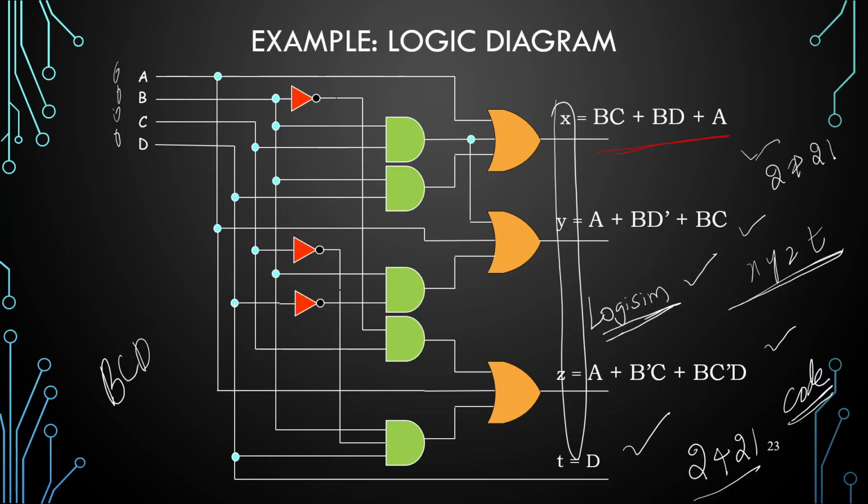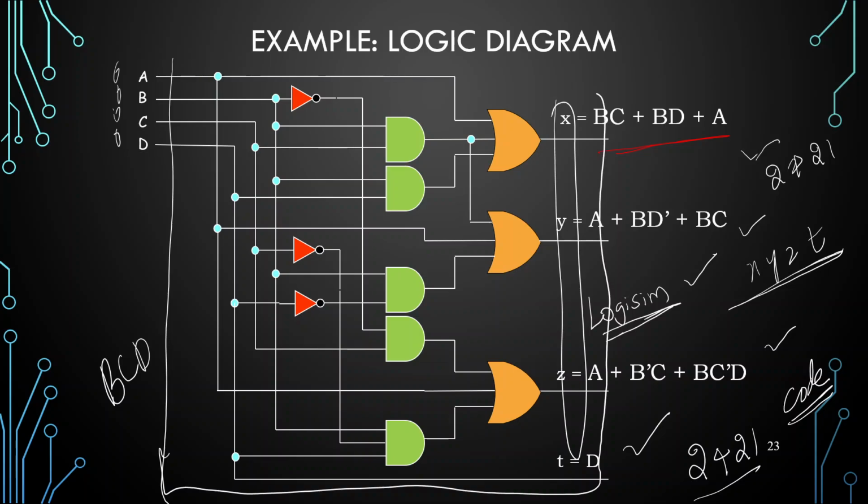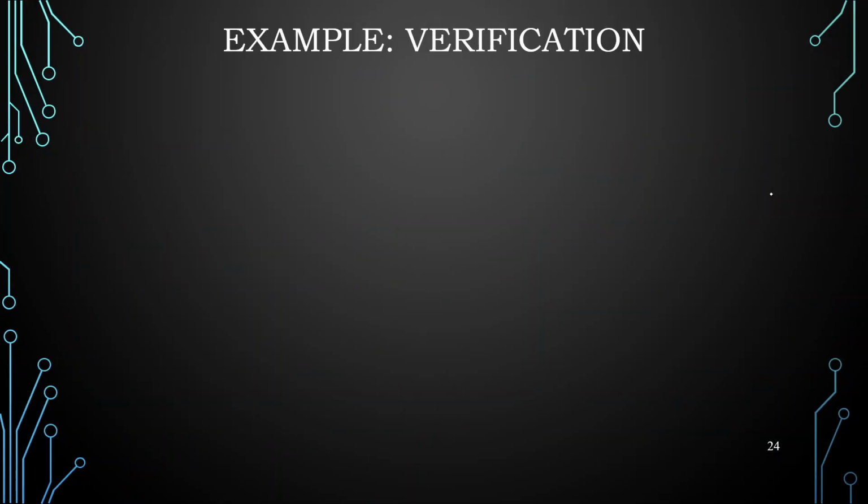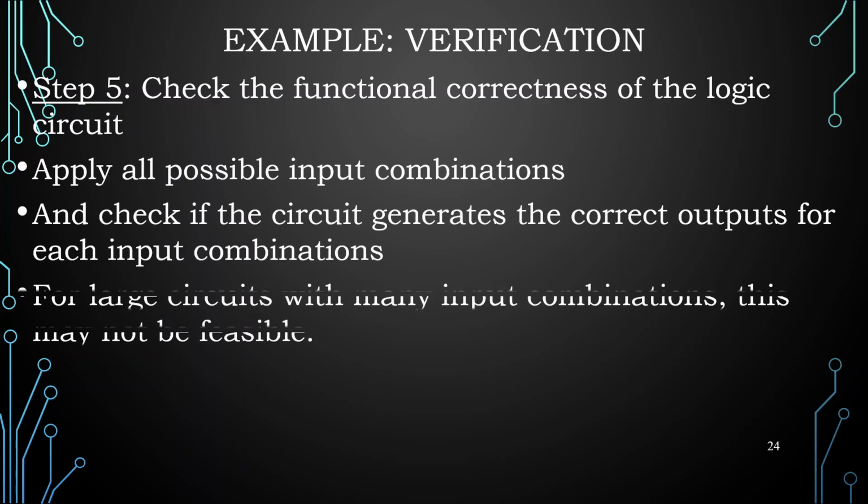In this way, I can design a circuit. What exactly is this? This is a code converter. Input is BCD, output is 2421 code. This is a sample example where, if we want to verify, of course we can verify this manually.